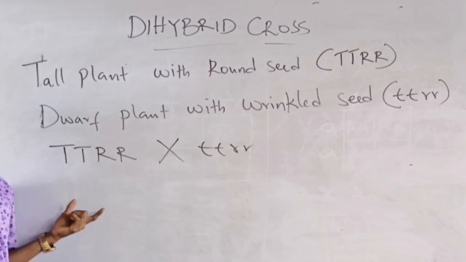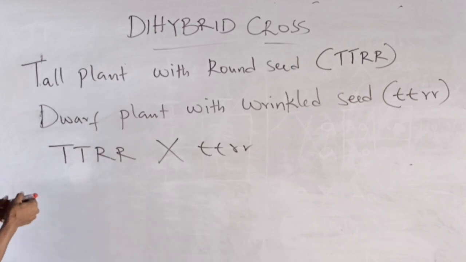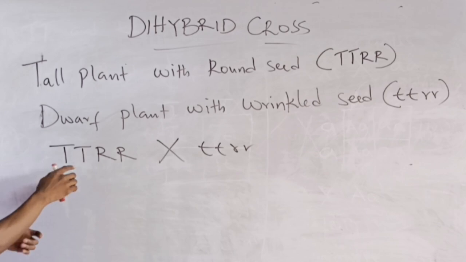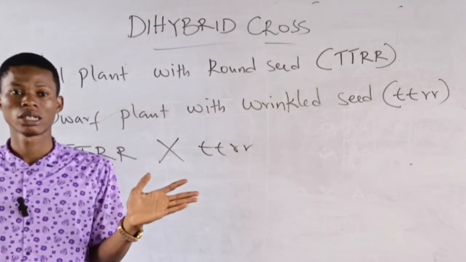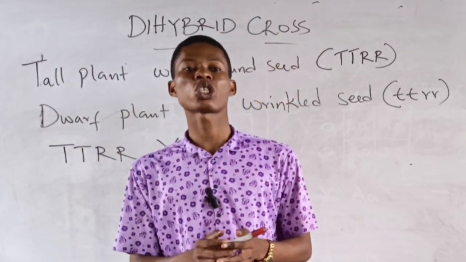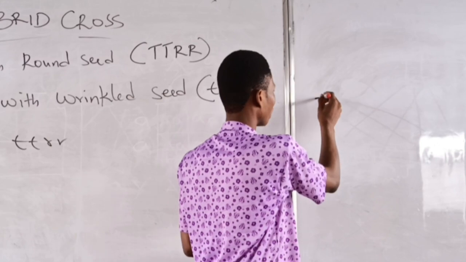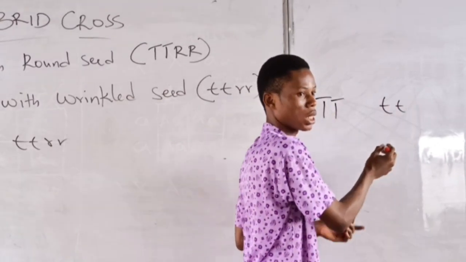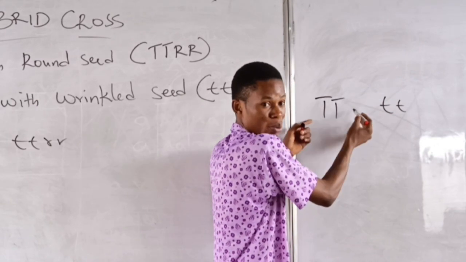First of all, for you to use the Punnett square method, you have to segregate. Segregation means the two alleles will separate from each other before being passed on to the offspring. Just imagine this is from your dad that codes for tallness, this is from your mom that codes for shortness. And both of them, no segregation, they are not separated.